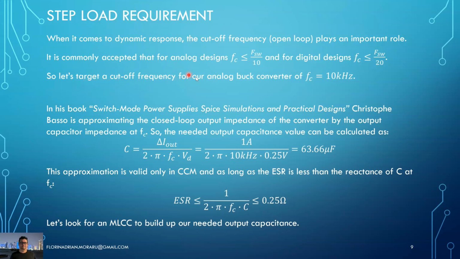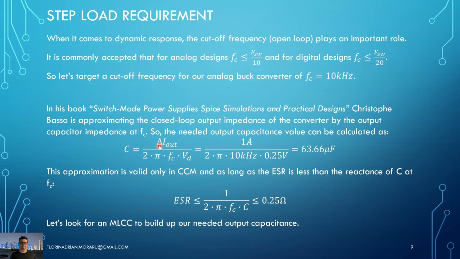Okay, so for our buck converter, we will target a cutoff frequency of 10 kilohertz, and then we will use the approximation presented by Christophe Basso in his book Switch Mode Power Supply SPICE Simulations and Practical Designs. He says that the closed loop output impedance of the converter is approximated by the output capacitor impedance at the crossover frequency.